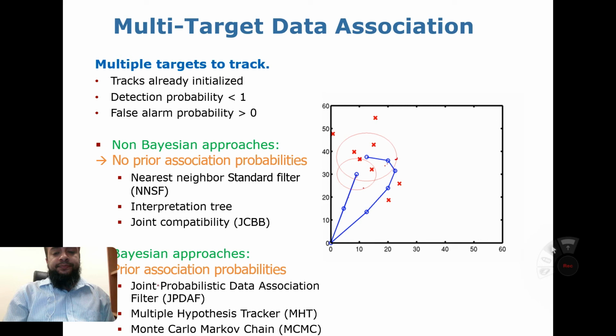When we add joint, it means we are talking about multiple target tracking. The multiple hypothesis tracker is also an example of multiple target tracking because it generates multiple hypotheses for the targets, and also the Markov chain Monte Carlo data association. There are many approaches, but we will discuss only a few in this class.